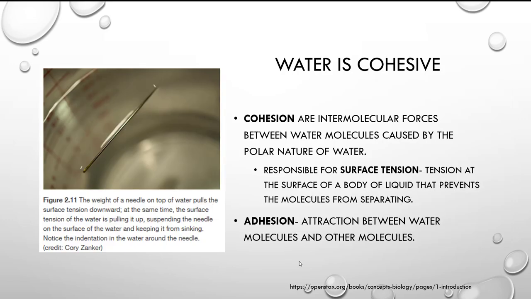Now, the video also gave us some new terms: cohesion, adhesion, and surface tension. The video used the example of a tree. The tree has leaves, and those leaves are responsible for photosynthesis. For photosynthesis to take place, plants need carbon dioxide and water.